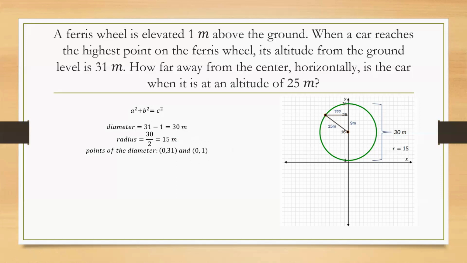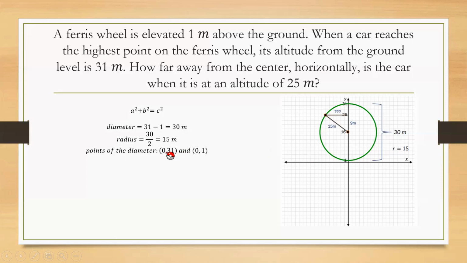Next, the points of the diameter are important in this problem so that we could find the center, which is 16. But how did we get 16? So first, the points of the diameter. The first one is (0, 31). So that's around here. 0 because we didn't move away from the center of the x-axis, which is 0.